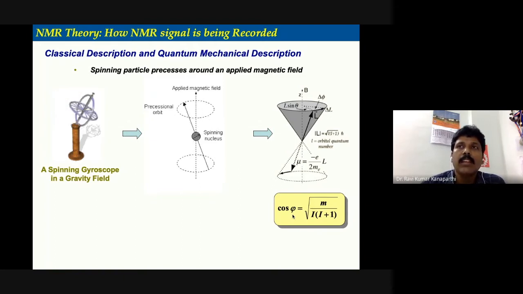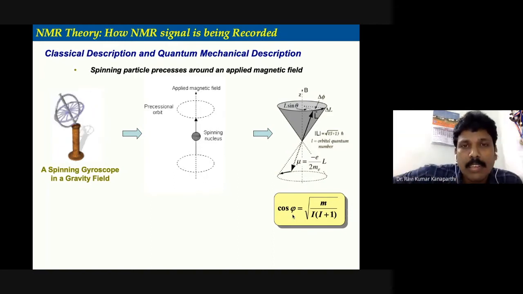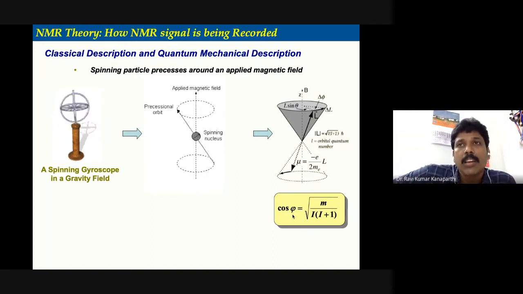On the other hand, there is another explanation. When you place a magnetically active nucleus in the external magnetic field, the nuclear spin energy states split into 2 or 3 based on the spin quantum number. That also we have learned, right? In the absence of the magnetic field, the nuclear energy states are said to be degenerate.